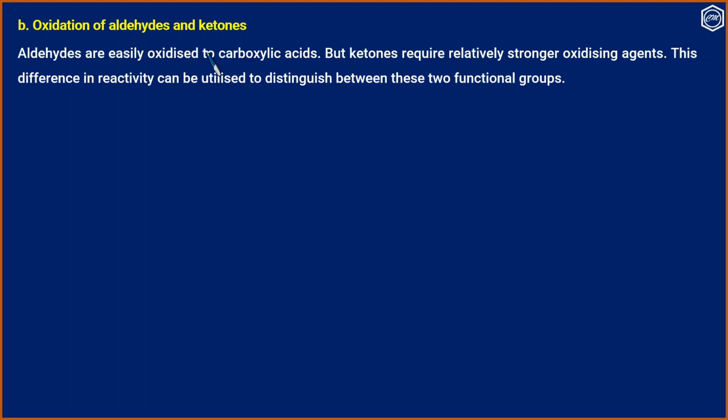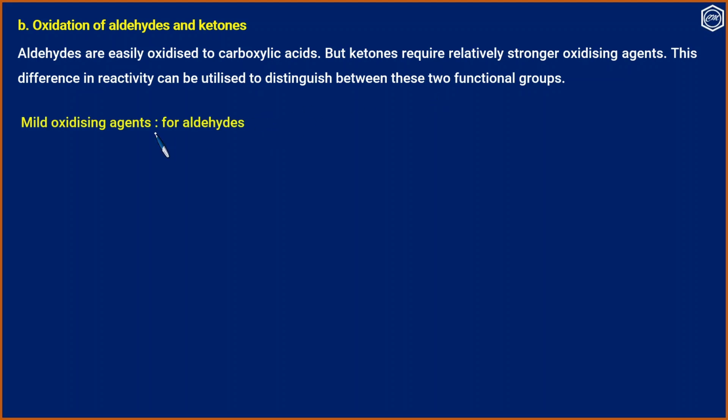First, let us consider oxidation of aldehydes and ketones. Aldehydes are easily oxidized to carboxylic acids, but ketones require a relatively stronger oxidizing agent. This difference in reactivity can be utilized to distinguish between these two functional groups.